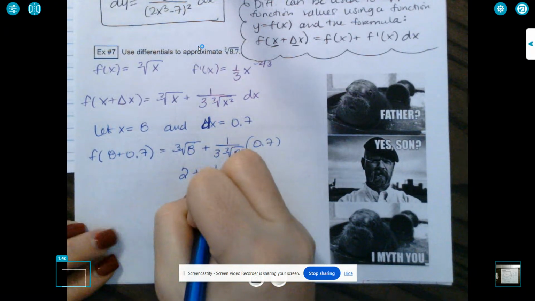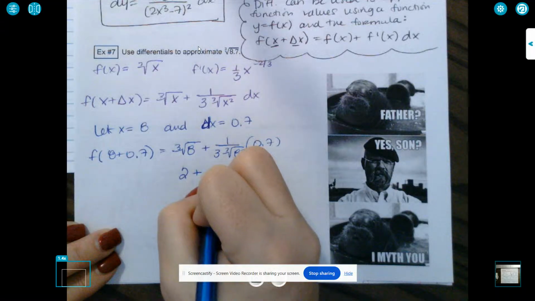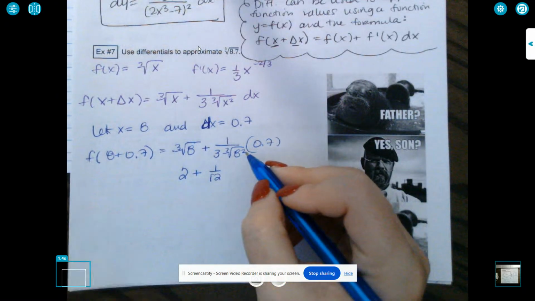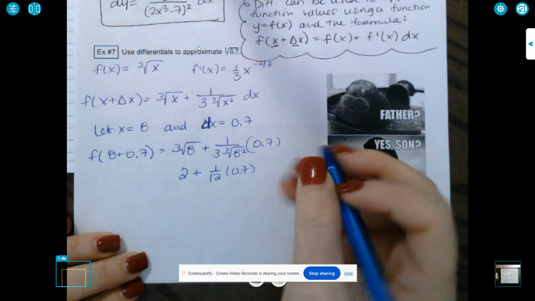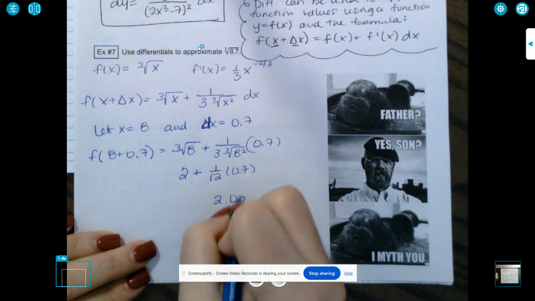All right, so that's going to give me 1/12. 8 squared is 64. Cube root of that is 4. 4 times 3 is 12 times 0.7. And that's ultimately going to give me 2.0583.